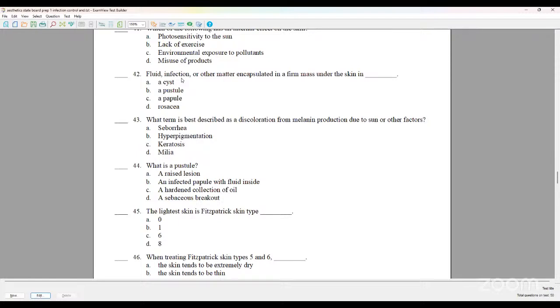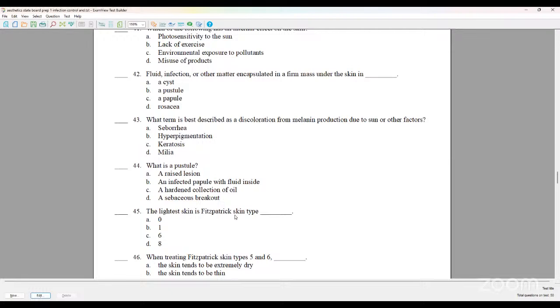45, the lightest skin is Fitzpatrick skin type 0, 1, 6, or 8. You said B? I say B. Absolutely B. Correct. Y'all are absolutely correct.